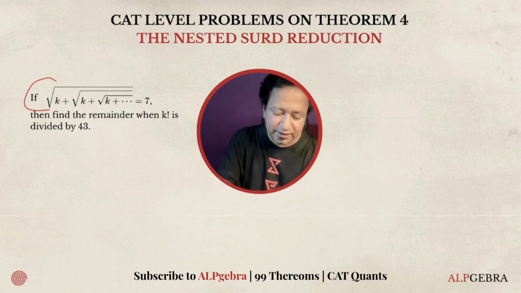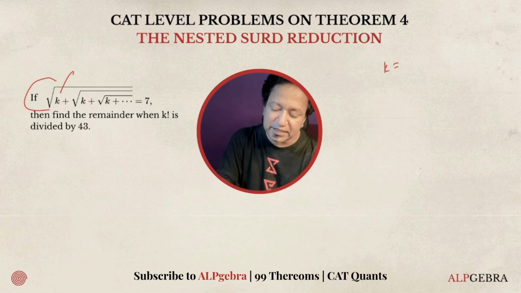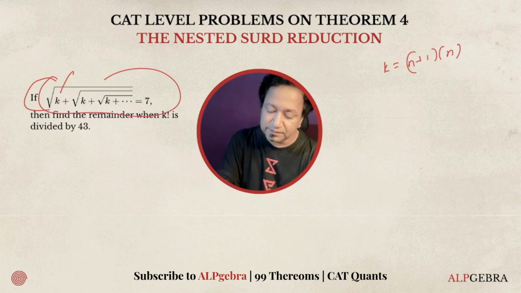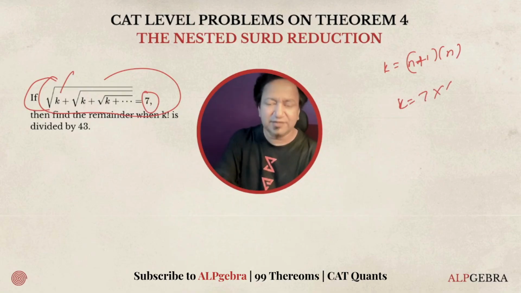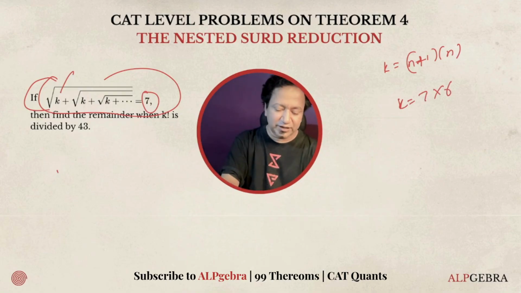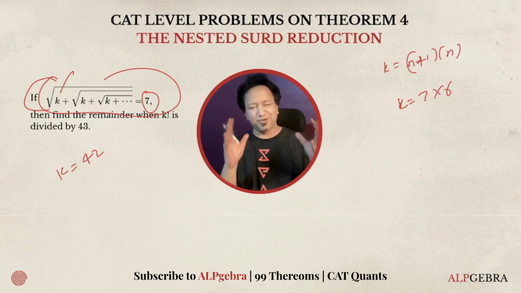So you know already that if k is n plus 1 multiplied by n, then this whole value will be equal to n plus 1, which is 7 in this case. So if 7 is n plus 1, that means k is equal to 7 into 6, or I can say 42. That's all. So k is 42. You can do it just by looking at it, right?